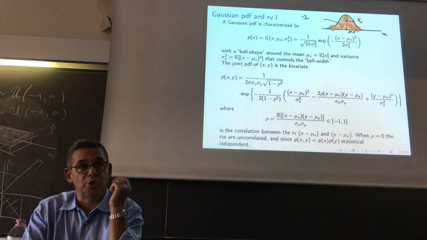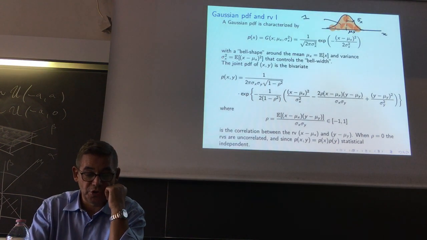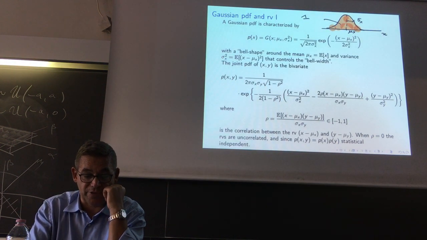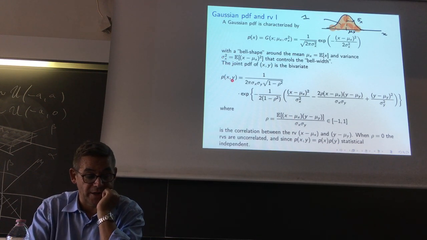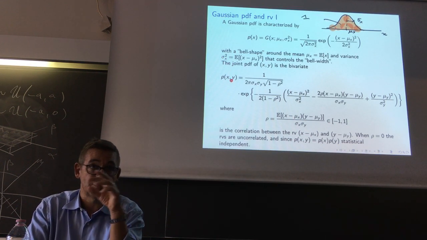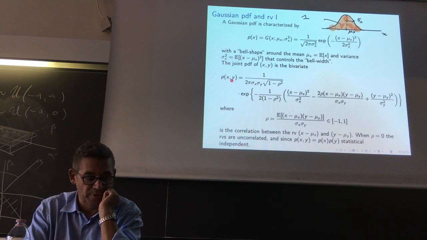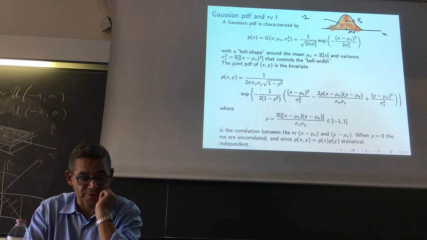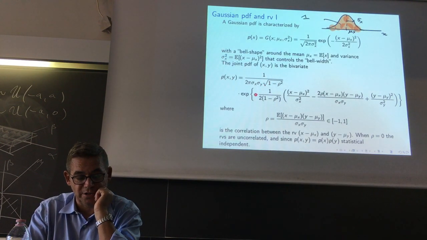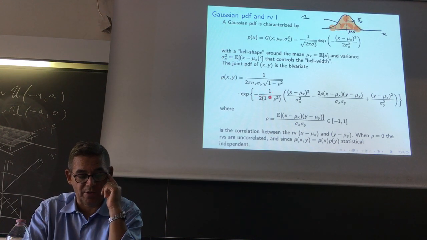Now, what about the joint? The joint PDF means that I have two variables. So the joint PDF is Pxy, which depends on x and y. By the formula, I have 1 divided by a normalization factor. Then it's exponential. In the exponential I have 1 divided by 2 times 1 minus rho squared.